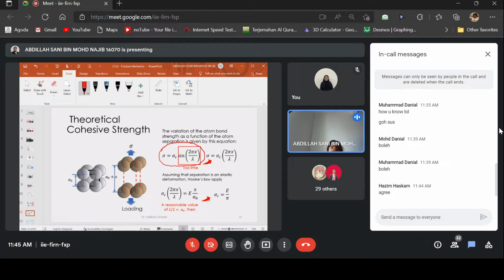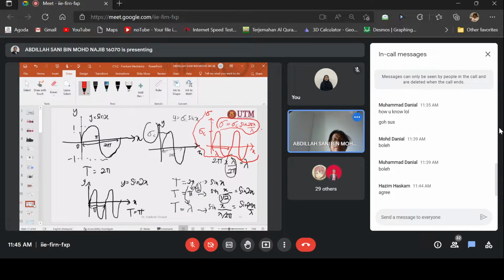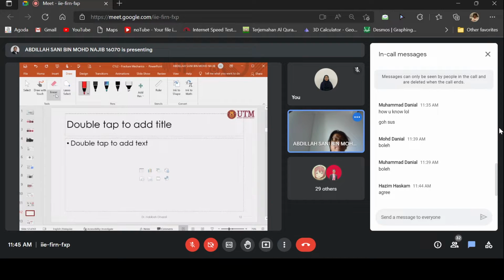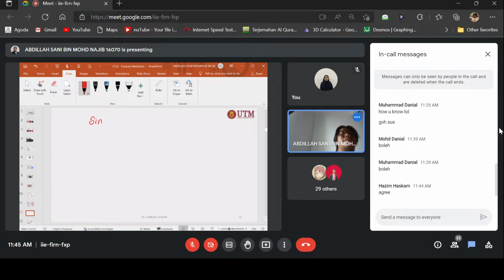So in mathematics also, for sine function, if the value is too little, you can write like this. Sine of, let's say, a over b.